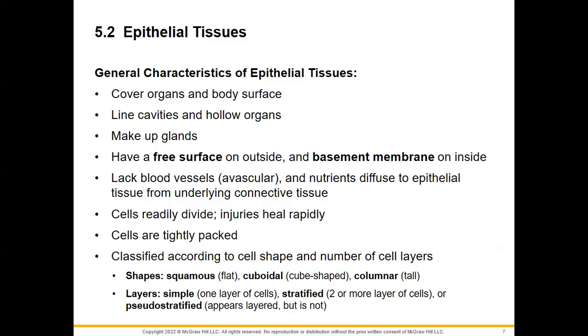Like, let's say, the inside of the digestive system. So you have this long tube that runs from your mouth to your anus, and in the middle of the tube is just space. Open to that space is the free surface of the epithelial cells.